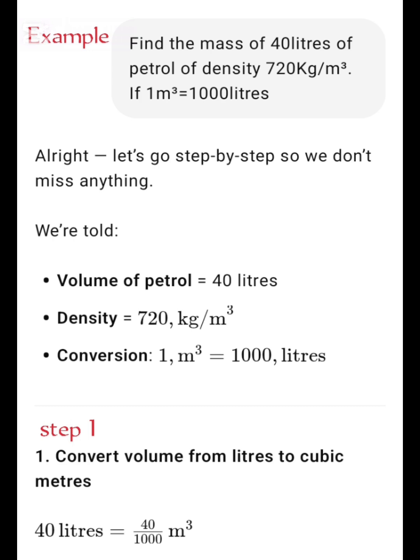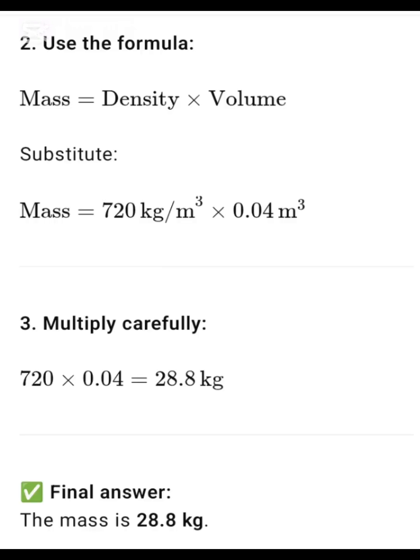And we are given the density as 720 kilogram per meter cube. Using the formula, density is equal to mass divided by volume, we will make mass the subject of the formula, which will now give us mass is equal to density multiplied by volume. By substituting and applying correct arithmetic, our answer will be 28.8 kilogram.